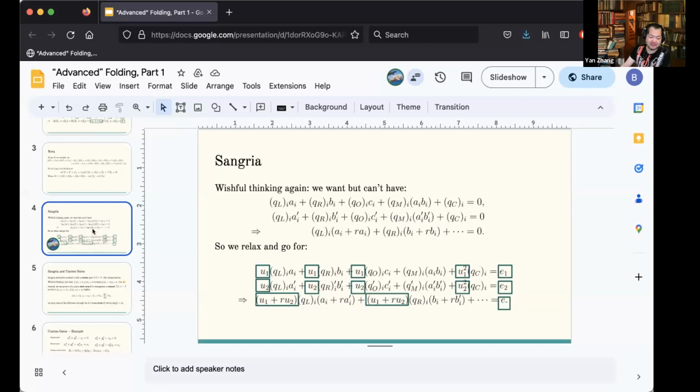But this doesn't work, and instead we add a u_i in front of everything, and have an error term on the right instead of 0, and then that does work. So that's the setup, and hopefully at least a partial review. I'll give it to Aardvark now to talk about how we actually do the custom gates.